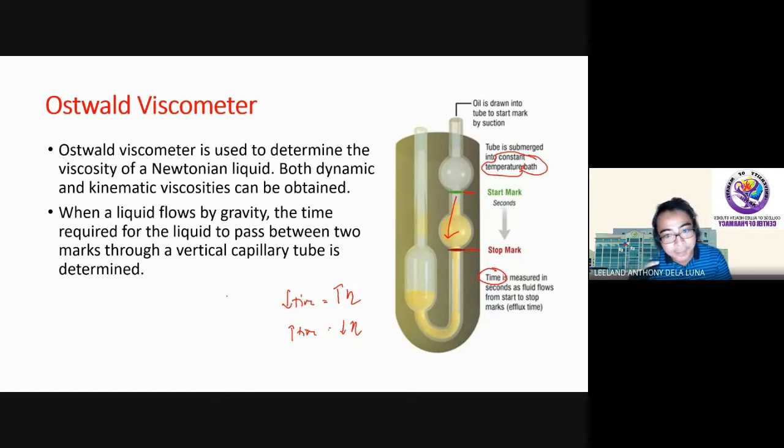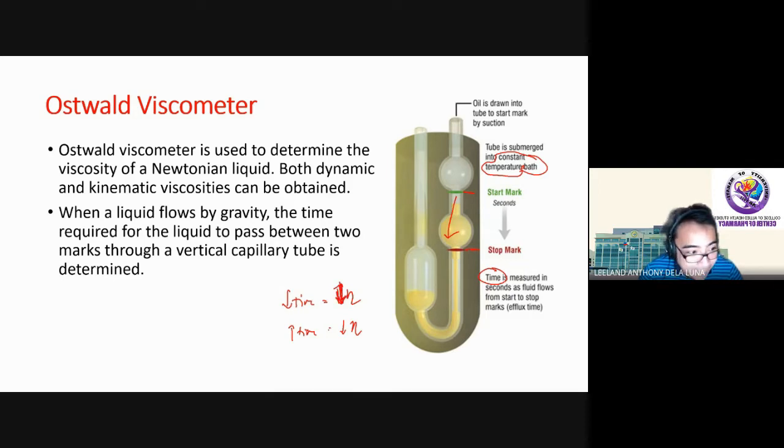So again, the less time it takes... Oh, it seems reversed. Sorry, what I wrote here seems reversed. When the time is low, it means it falls quickly from one point to the next point. So the viscosity should also be low. Sorry about this.